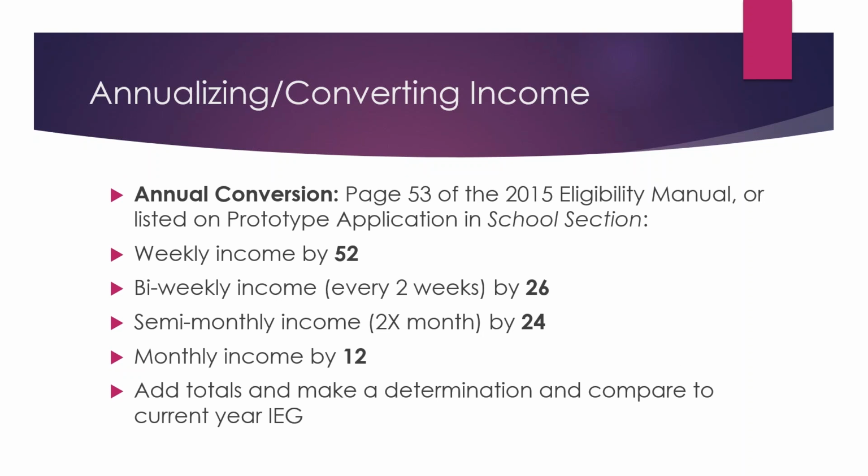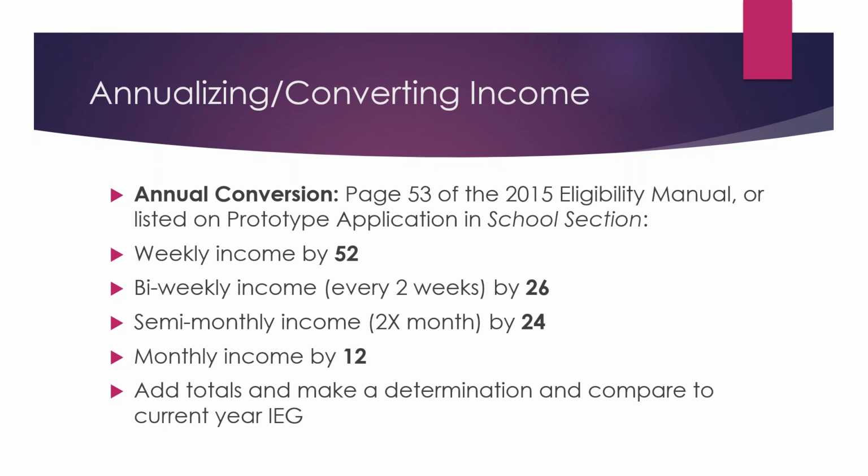So the annual conversion is described on page 53 of the 2015 Eligibility Manual, or it's also listed on the prototype application in the school section. So if income is reported weekly, you would just take that amount and multiply it by 52.